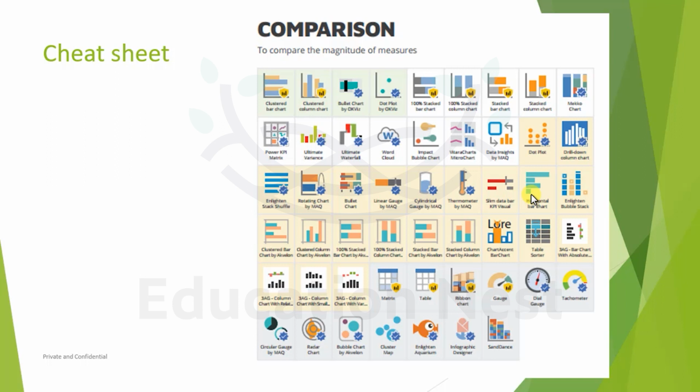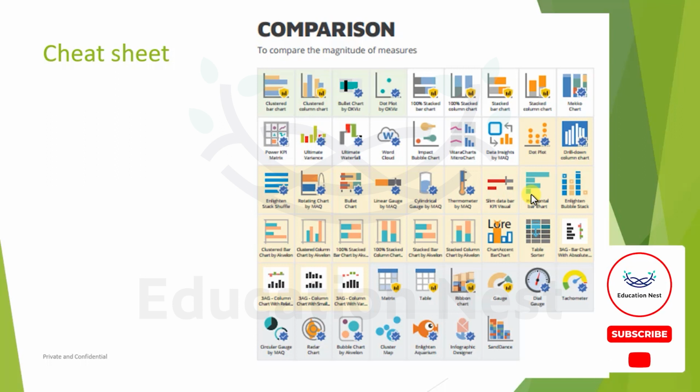It is always the designer's choice of visualization, what he would like to represent it as. However, the key thing he needs to keep in mind is when you have to compare different things or compare the magnitude of the measures.